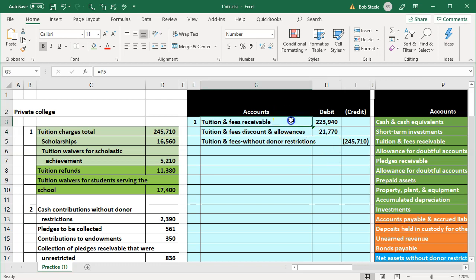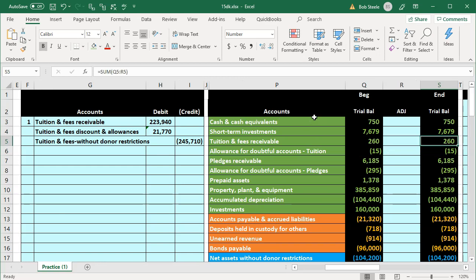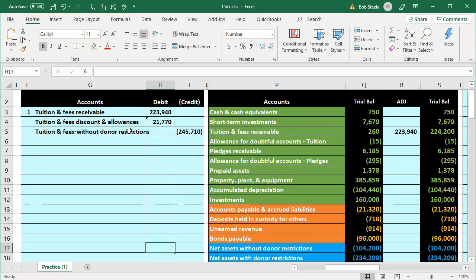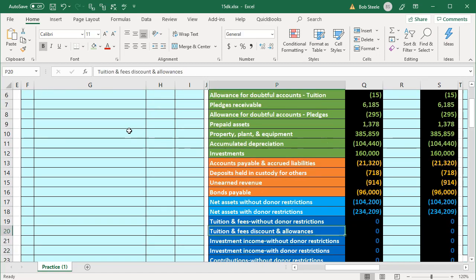All right, so we're going to record the tuition and fees revenue up top. So tuition and fees revenue, that's going to be in cell R5. So within R5, we're going to say equals, scroll over to the 223,940, and that's going to be an increase of that number. And then we're going to go to the tuition and fees discount. So we'll scroll down to the tuition and fees discount. That's going to be here in cell R20.